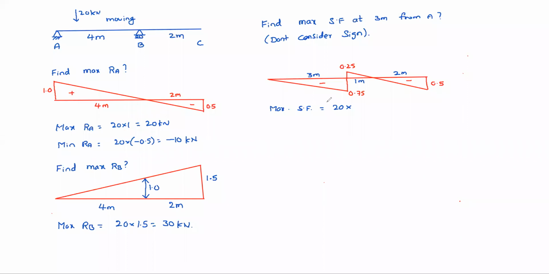So the maximum magnitude is 0.75. So 20 into 0.75, that equals 15 kilonewtons, is the maximum shear force at that section due to the moving load. When the load occupies just 3 meters from A, obviously it gets 15 kilonewtons. That is the maximum shear force.